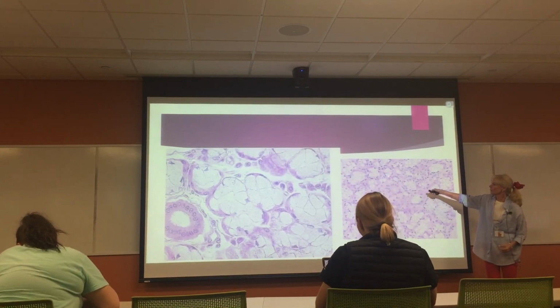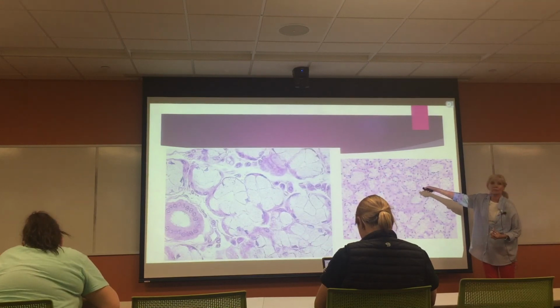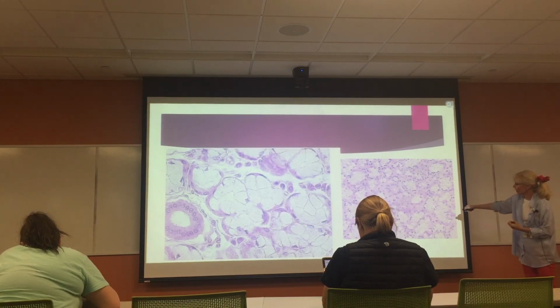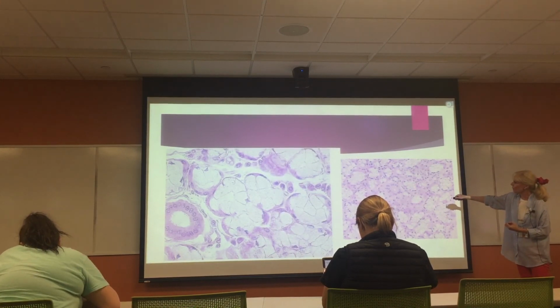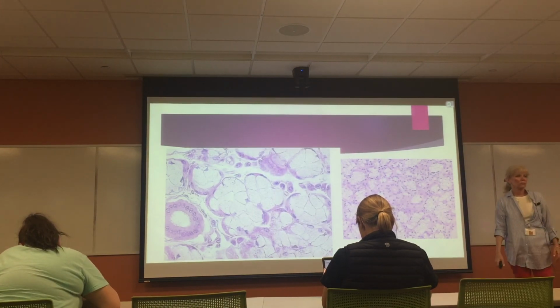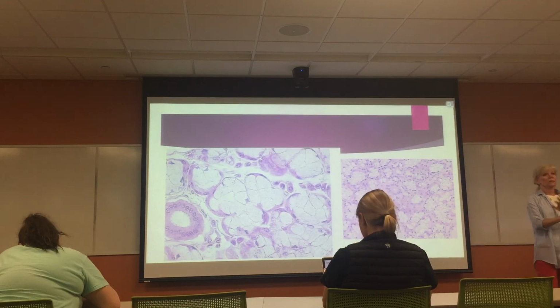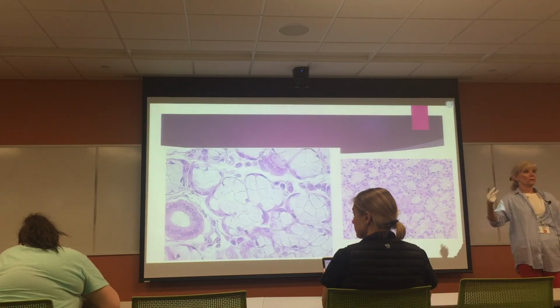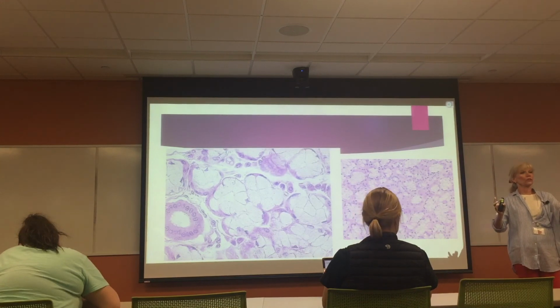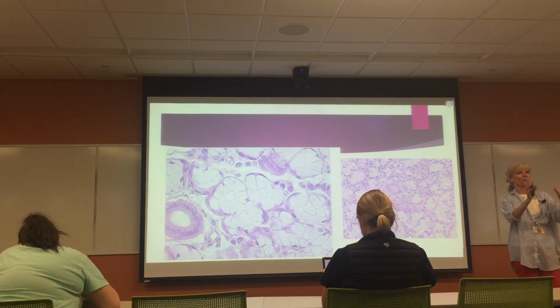It's smaller than this acinus here. The sublingual gland has really nice acini, and even the smallest acini is bigger than this. So that's your biggest clue, along with more definitive characteristics like the cell and the nucleus.